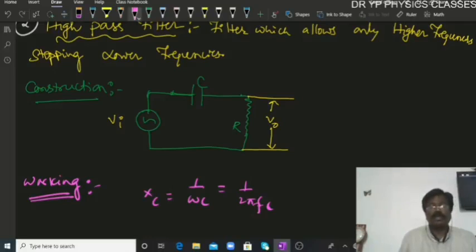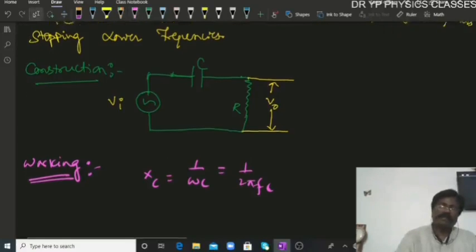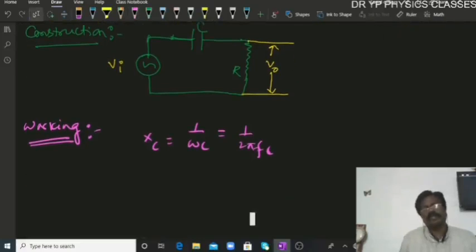The capacitor does not allow the input signal to pass through it. Lower frequency signals are not allowed because of higher impedance. The impedance of the capacitor is very high at lower frequencies. Therefore, it does not allow the signal to pass through. All lower frequency signals are completely stopped at the capacitor end itself. So across the resistor, we do not record any kind of voltage.